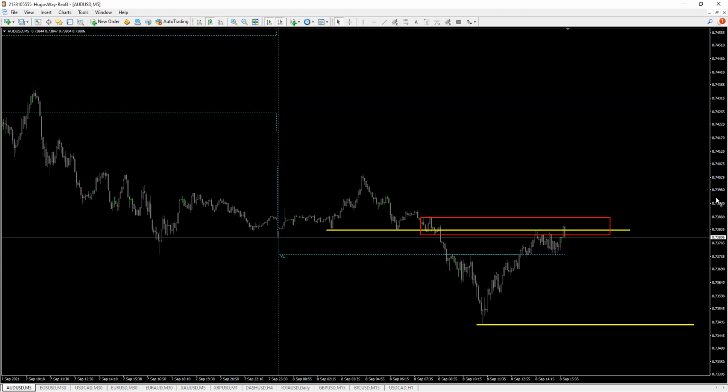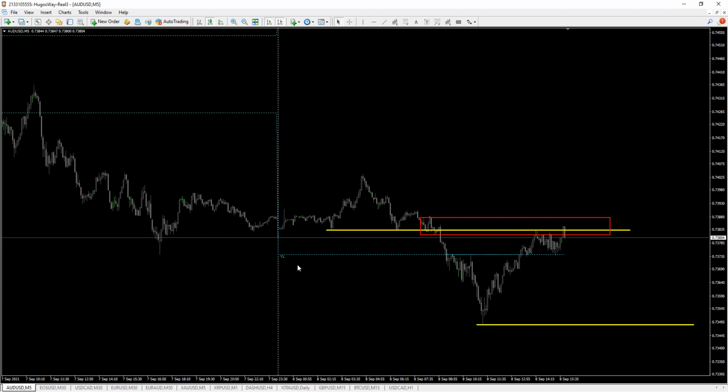So now we can pretty much confidently expect, also keeping in mind the fact that the highs and lows of the previous days or the previous candles in general are always tested. Appreciate it.